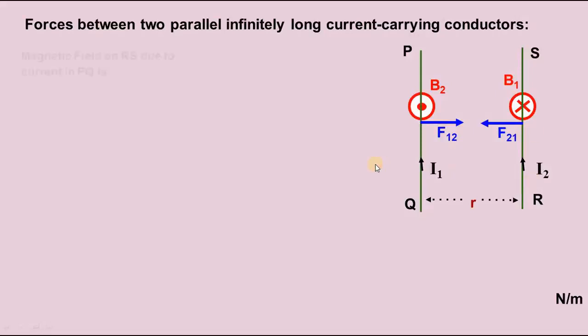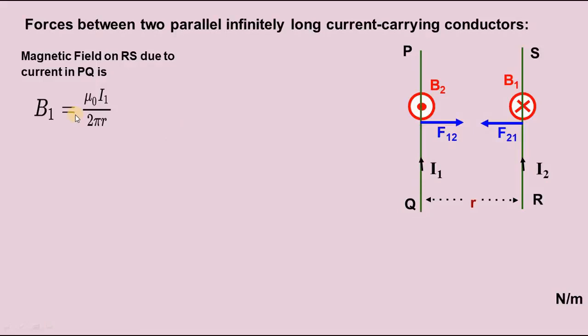Now, the expression for B1 is given by mu0 I1 by 2 pi r. B1 is perpendicular to RS and inwards. Since RS carries a current I2 and it is placed in a magnetic field B1, it experiences a force.